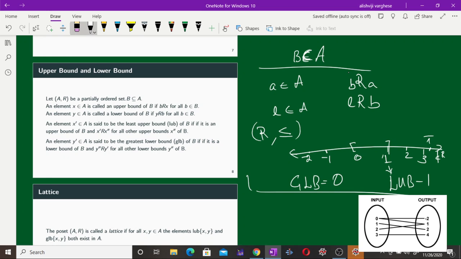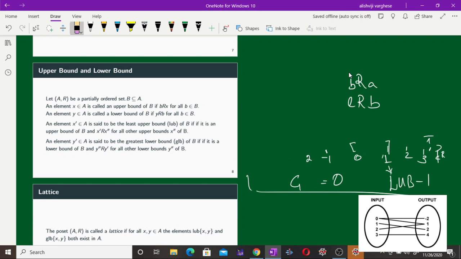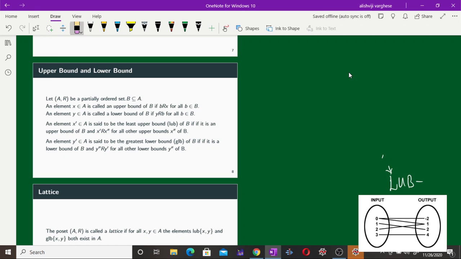Now, let us go through the common partially ordered sets and check what the meaning of least upper bound and greatest lower bound is.